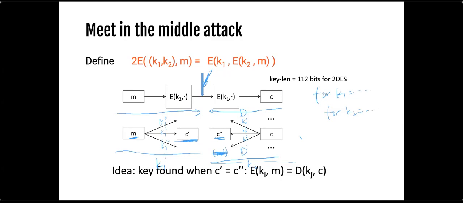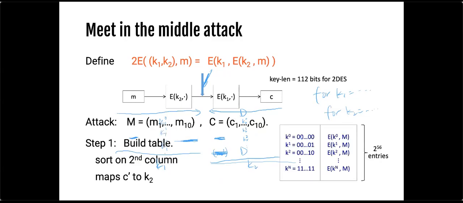So in this case, we can change this algorithm in a way that we build a table. We build the table for K1 and for K2 and their different values. So we have the table for this part for the left-hand side first, and then we have the table for the right-hand side also.